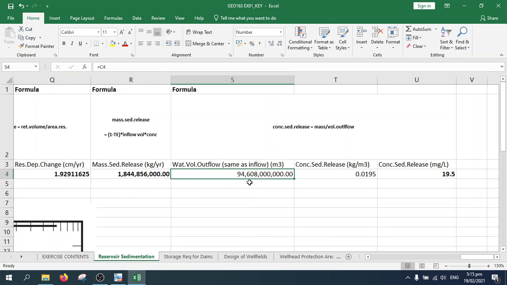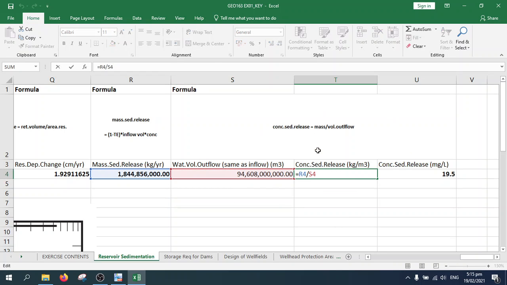All right? Now, since the volume of water outflow is just same as the inflow, so we have here a value of 94.6 billion cubic meters per year of water outflow.